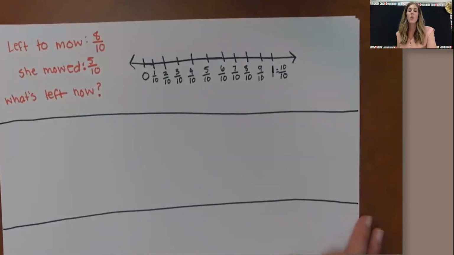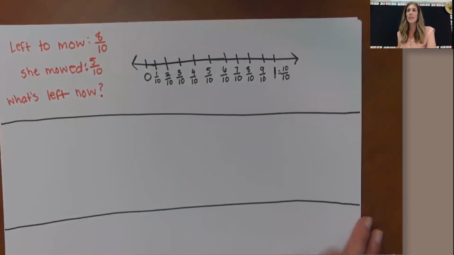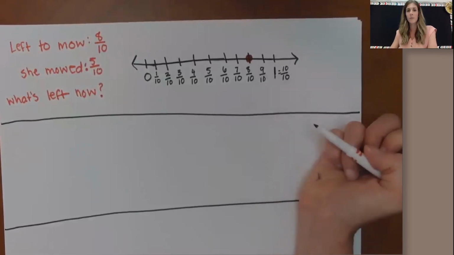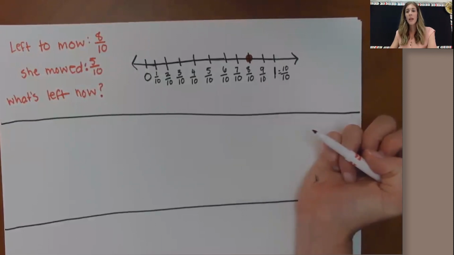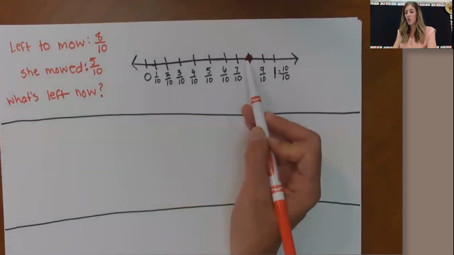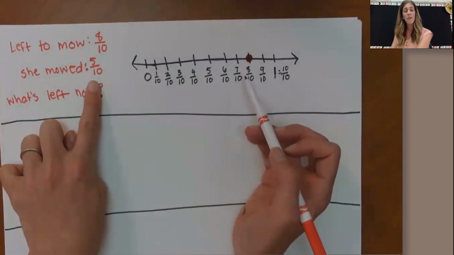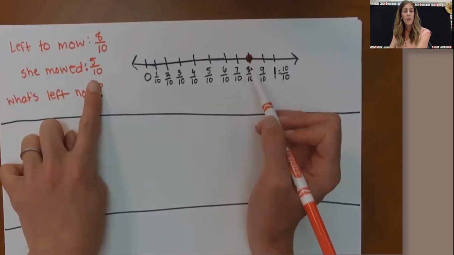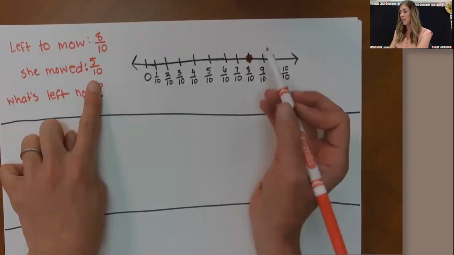Okay, so we know that she had 8 tenths left to mow. So let's mark 8 tenths on our number line. And then of the 8 tenths that she still needed to mow, she went back and mowed 5 of those tenths. So we can take 5 of those tenths away from the original 8 tenths that she still needed to mow.